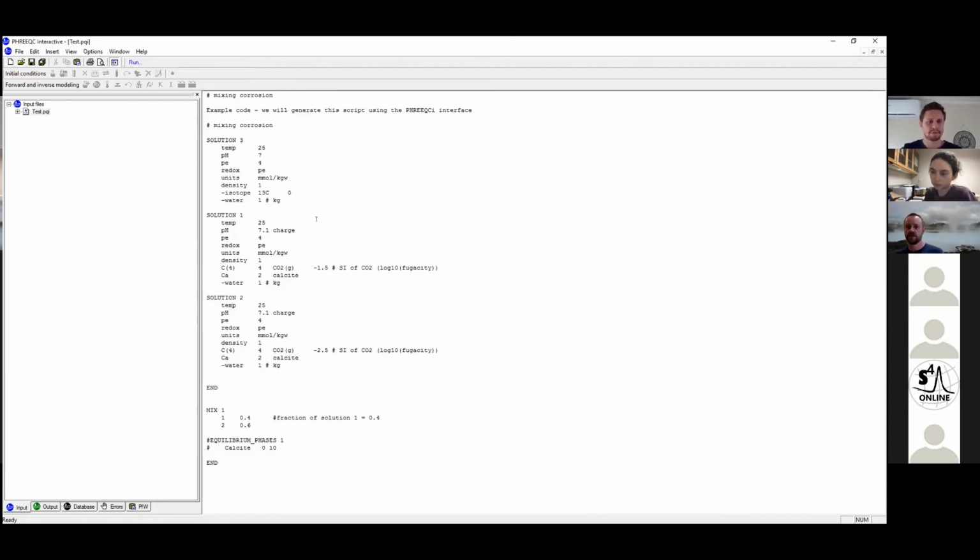So you need to look into the database and see what fractionation factors are involved in there. And also recognize that this is an assumption of equilibrium. If you want to incorporate kinetic fractionation, which would probably be more useful for carbon, then you would need to incorporate a rate expression which allows for the kinetics of that reaction.